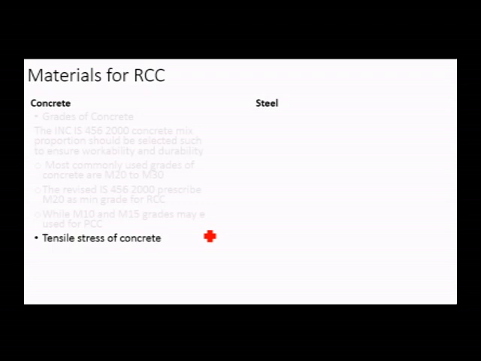The tensile strength of the concrete should be considered, which is very minimal. The grades of concrete available are M15, 20, 25, 30 and M40, and above that it is called the design mix.